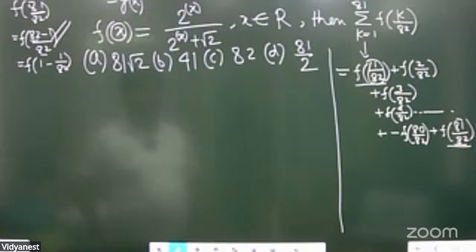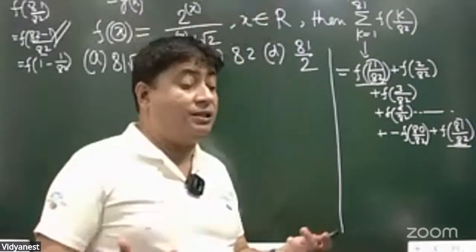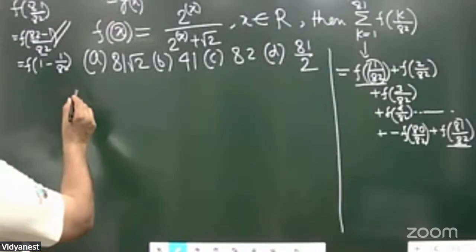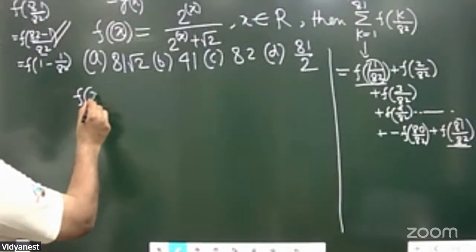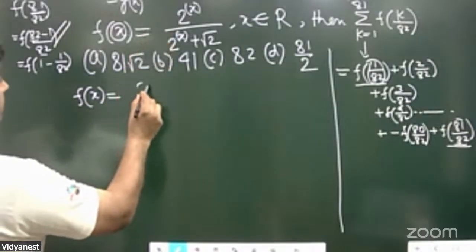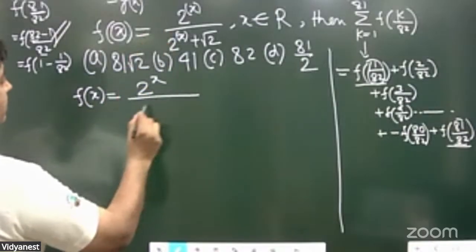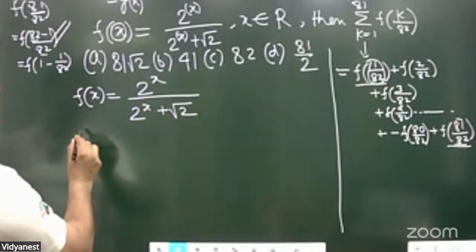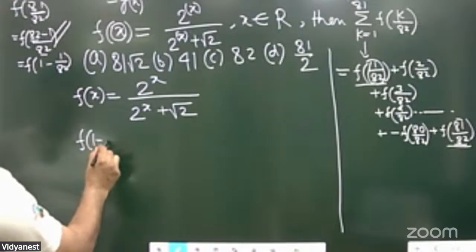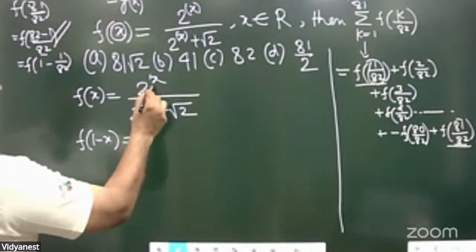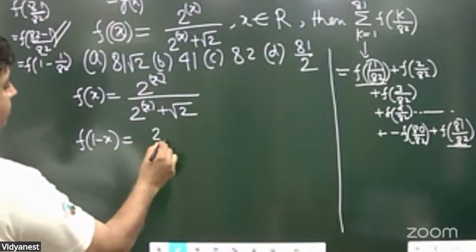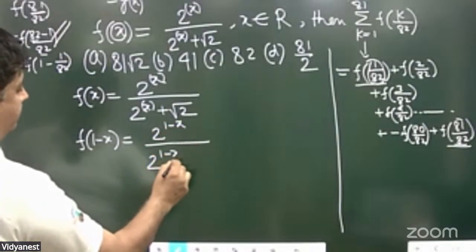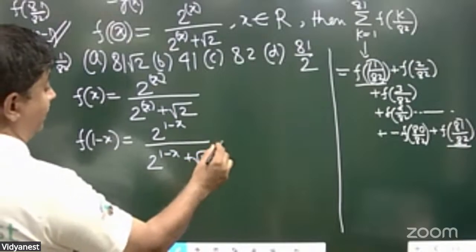But what privilege will I get? See, now I will try to simplify the given function, 2 to the power x over 2 to the power x plus √2. You put 1 minus x. So here x will be replaced by 1 minus x. You will get what?